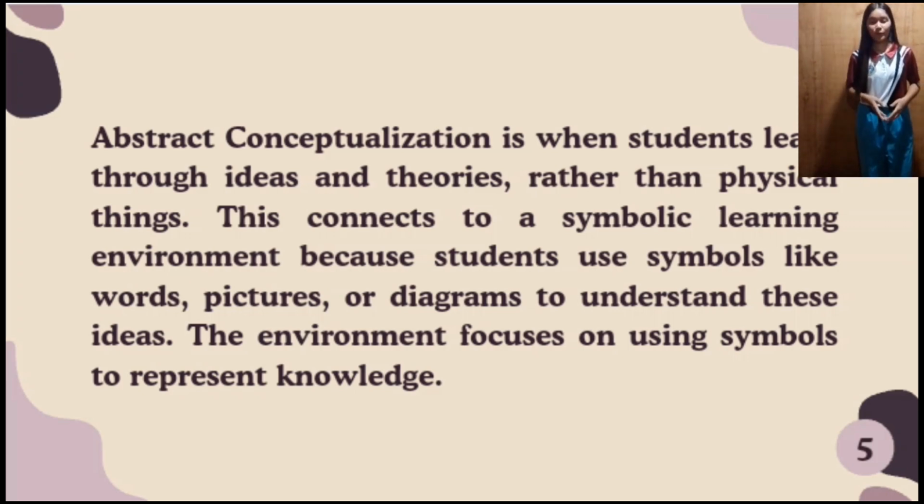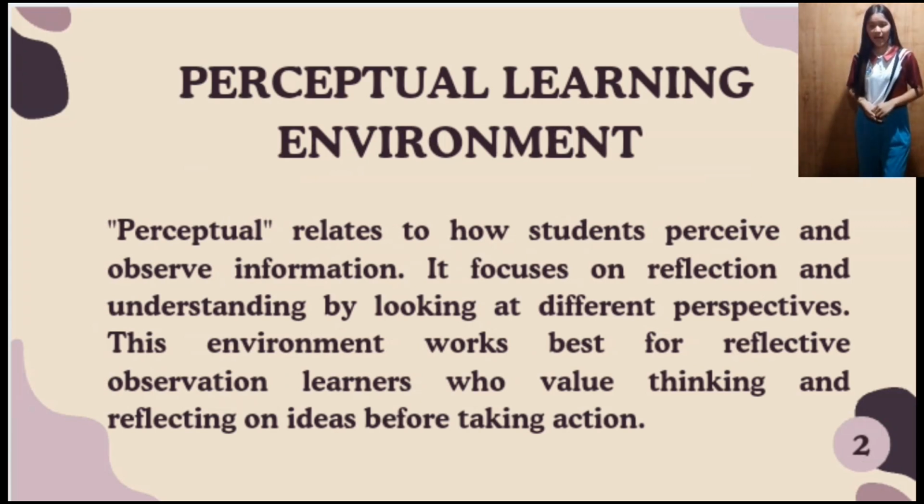Third is the perceptual learning environment. So what is a perceptual learning environment? Perceptual learning relates to how students perceive and observe information. It focuses on reflection and understanding by looking at different perspectives. This environment works best for reflective observation learners who value thinking and reflecting on ideas before taking action.